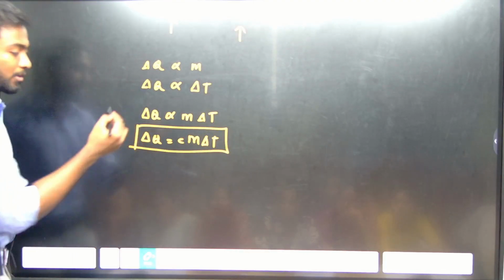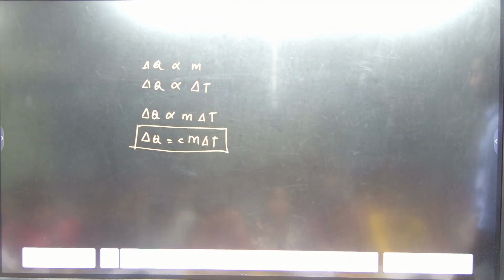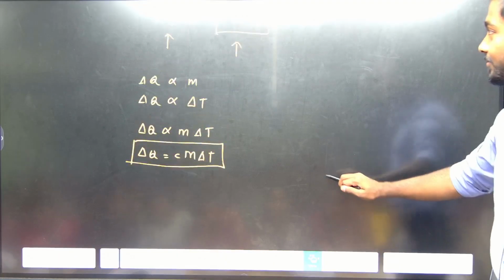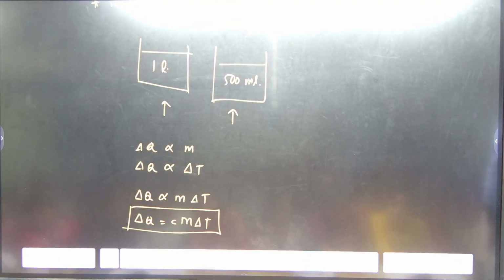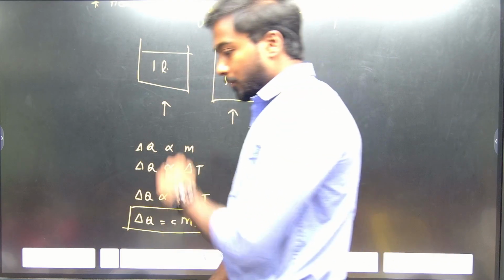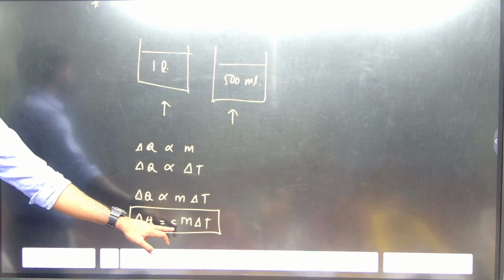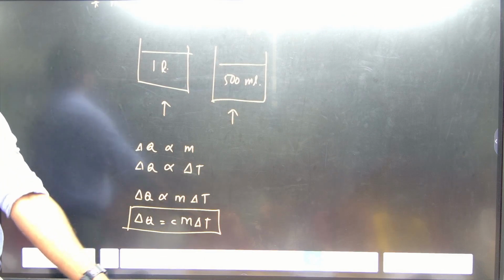So this is the formula for heat: m c delta T, or c m delta T. Sometimes they will give it in terms of S also, okay, S or C, both are equal only.